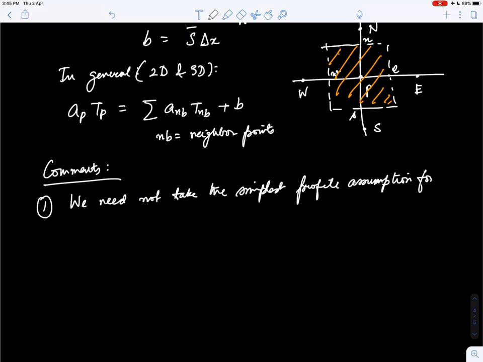Essentially what I mean to say is that other interpolation methods are also allowed.